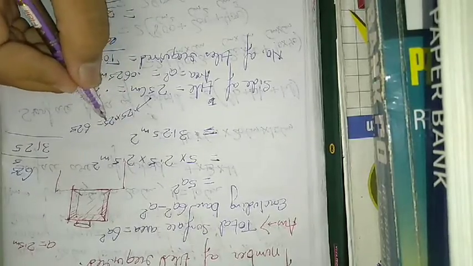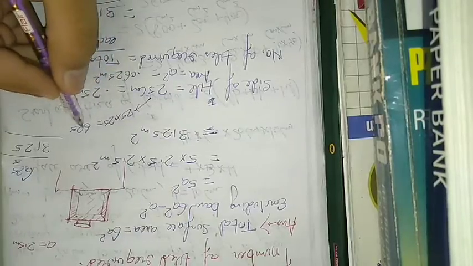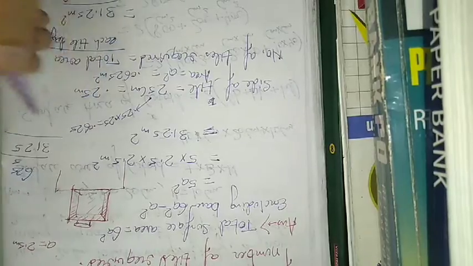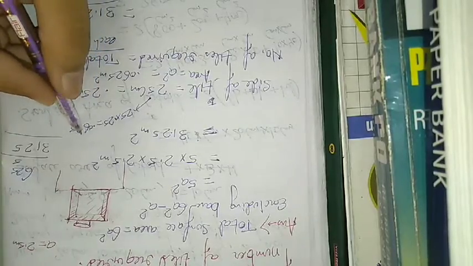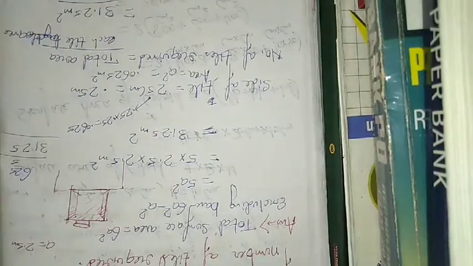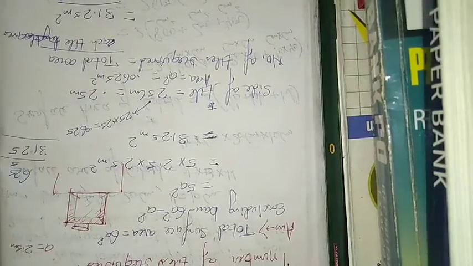We have got 4 numbers after the decimal point, but here we are finding only 3 numbers. So we add 0.0. After the decimal point we are having 4 numbers. So this is 0.0625 meter square. I hope you have now understood.